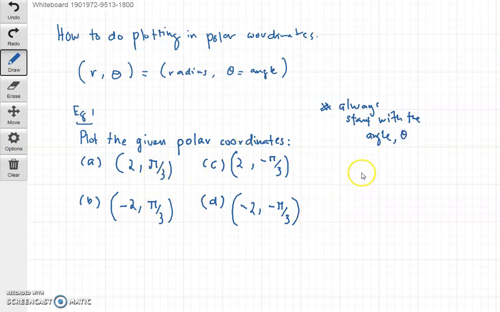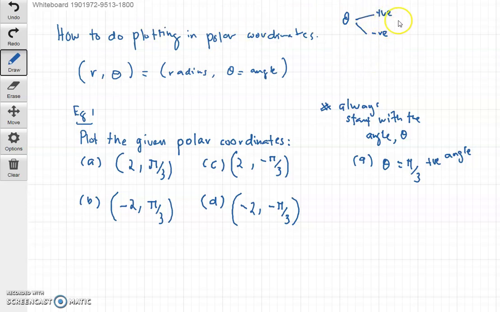If we look into the first question, A, specifically we are going to discuss question A. The value of your theta is given by pi over 3, which is a positive angle. As we already know, the value of theta or the angle can be written in 2 ways: either a positive theta or a negative theta. So what happens if you are dealing with a positive theta?